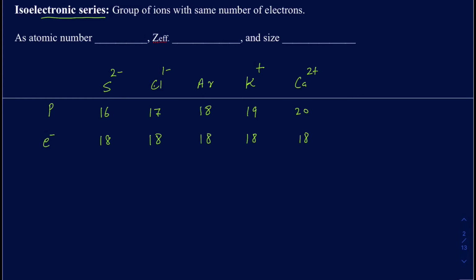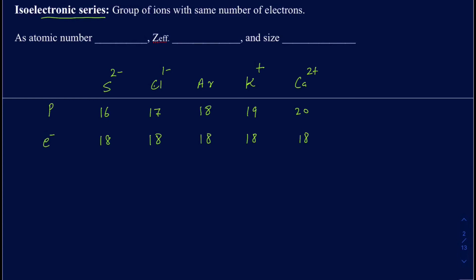So obviously these are called isoelectronic because they have the same number of electrons, even though they have different numbers of protons. So you can clearly see here when you have the same number of electrons, and as you're increasing the number of protons inside the nucleus, you will have better control over those electrons.